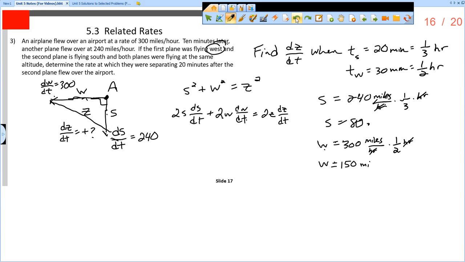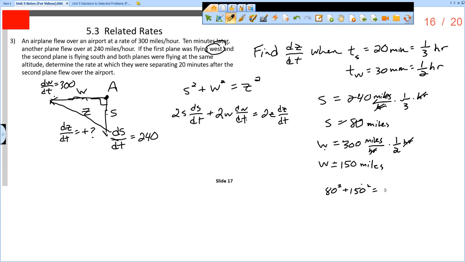80 miles. All right, so now we can use both of those with the Pythagorean theorem to determine how far apart the planes were. So I can say 80 squared plus 150 squared equals z squared. Now, of course, you can use the Pythagorean theorem to solve this, but it's a little easier than that.